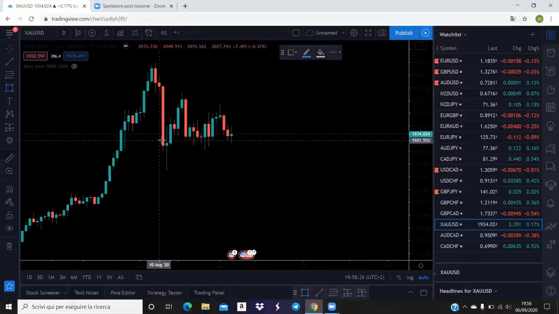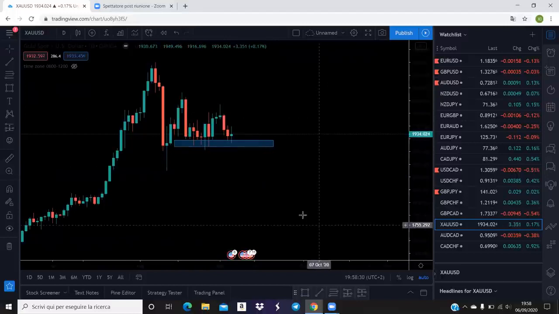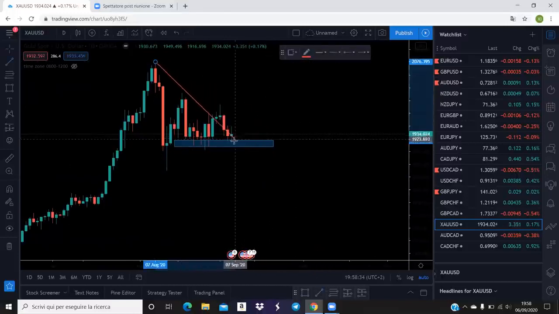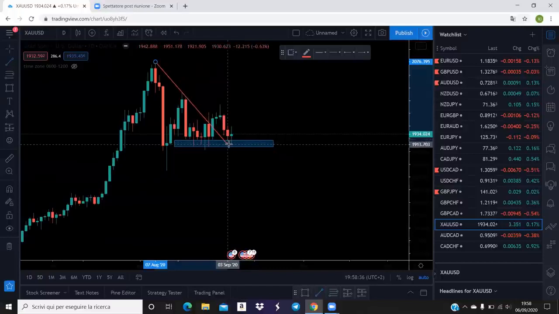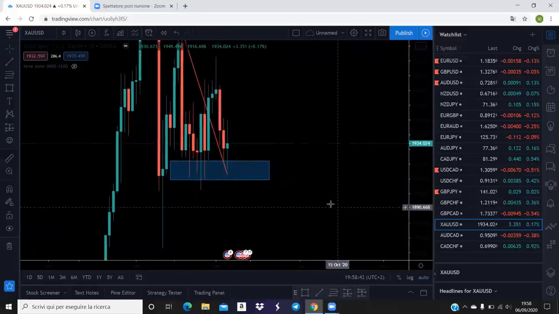Gold, as you can see, we are at this nice support, and also we are creating a wedge pattern, but actually I believe that we broke above it and we retested already that level.